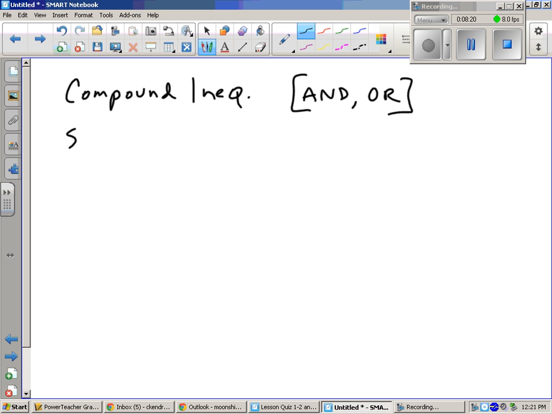So I want to solve 7 is less than 2x + 1, and at the same time I want to know 3x is less than or equal to 18. So what x values will make both of these true at the same time?